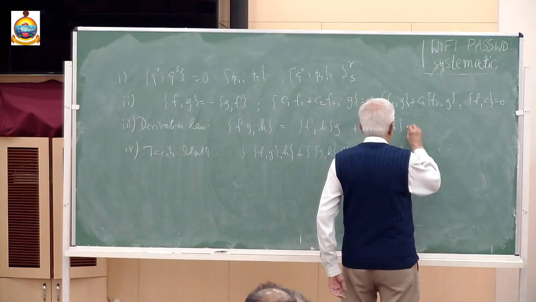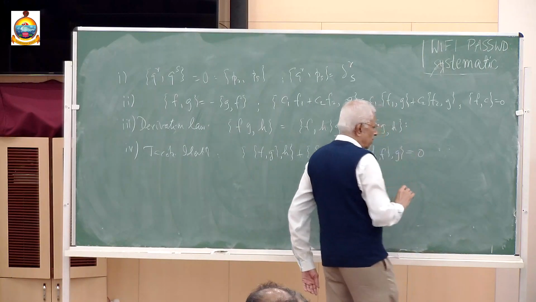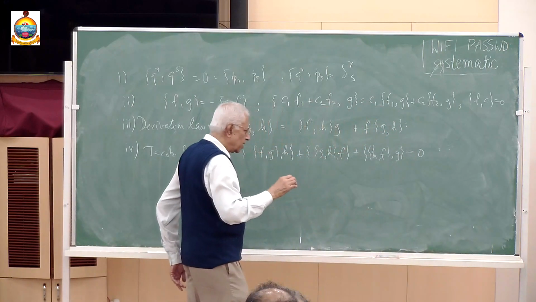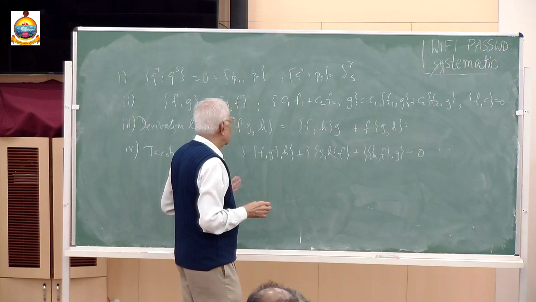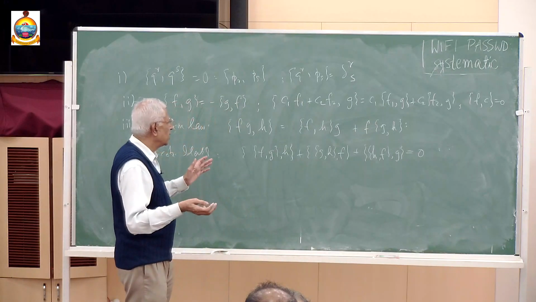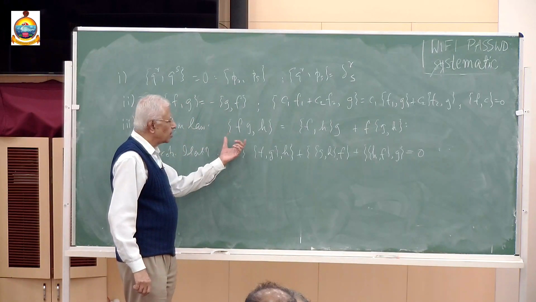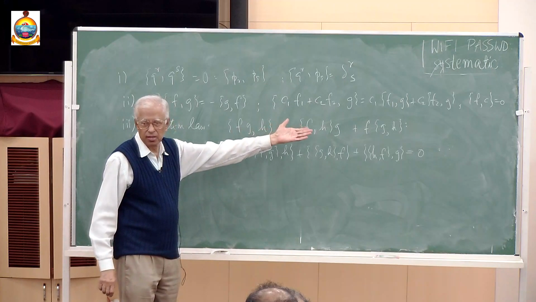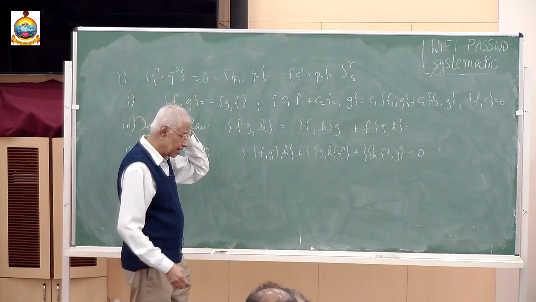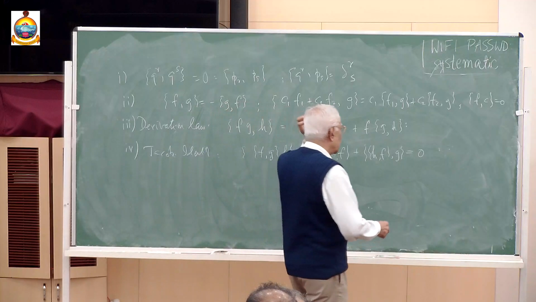So, I will just make a comment here. Why is it important to have the derivation law? Those of you who have studied quantum mechanics know that for commutators also the same kind of thing holds. These are the things that Dirac exploited.